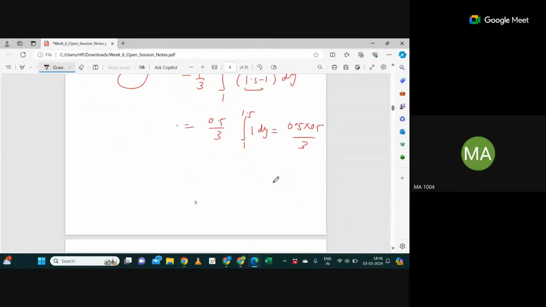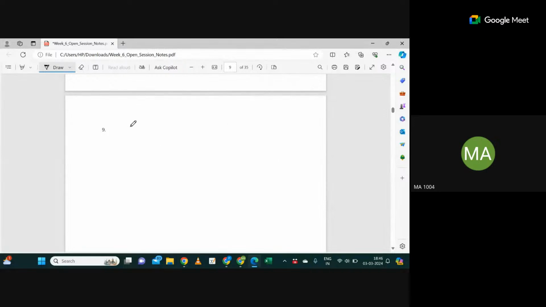Okay, so let's move to the next topic, which is called the 2D uniform distribution. How to do that case? That is also an interesting part. Let me give you a rough definition.